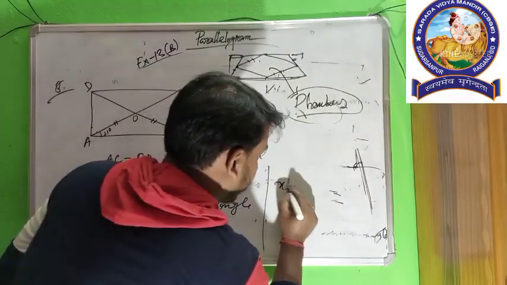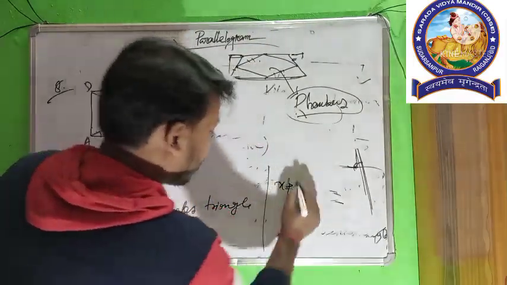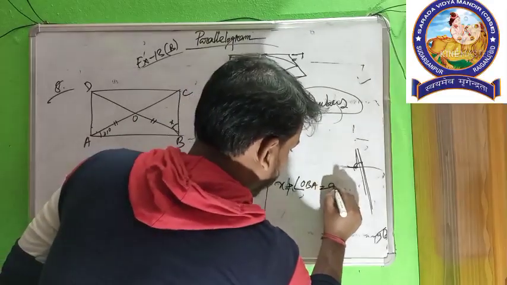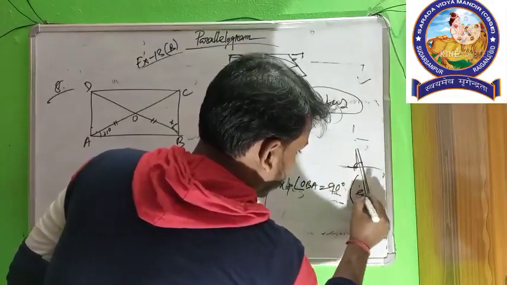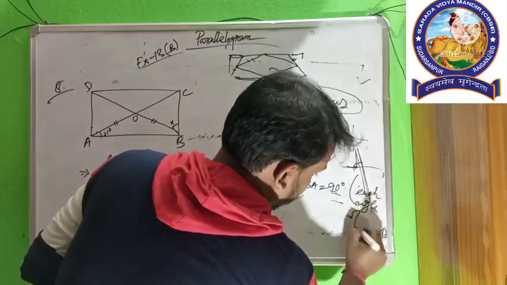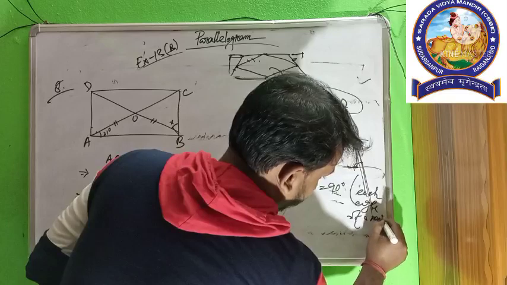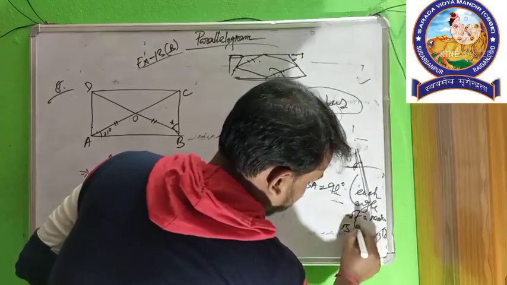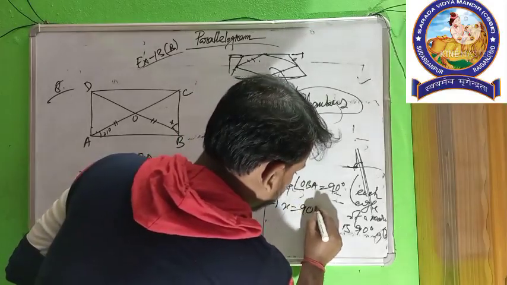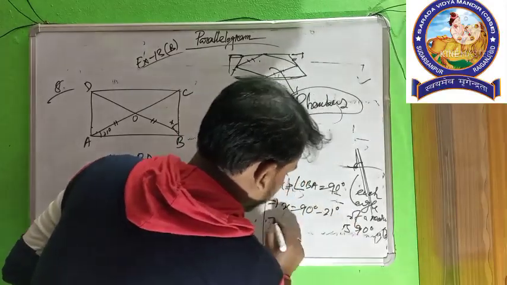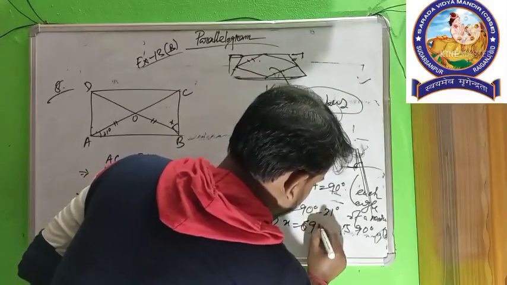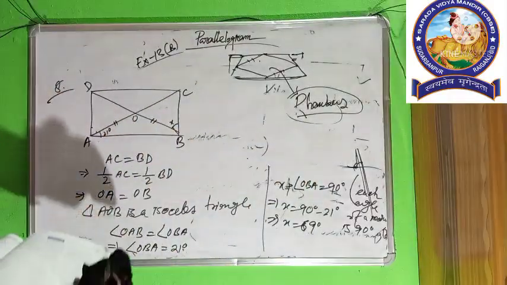Therefore x plus angle OBA equal to 90 degree. What is the reason? Each angle of a rectangle is 90 degree. From here x equal to 90 minus 21. So 90 minus 21, that means 69. So the value of x is 69 degree.